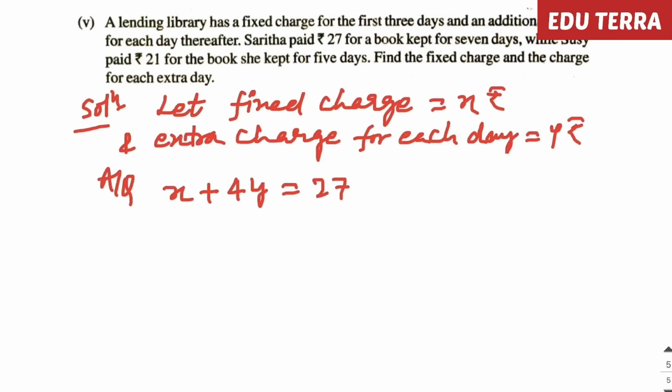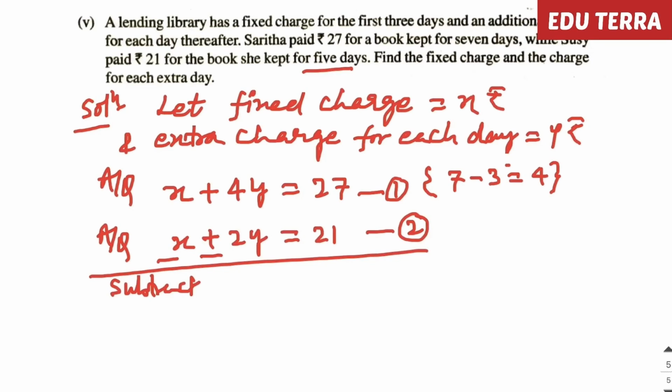Now how is it 4? Because extra days means 7 minus the first 3 days, which equals 4. So that's why I am taking x plus 4y equals 27. It is equation 1. Similarly, you can find condition number 2.